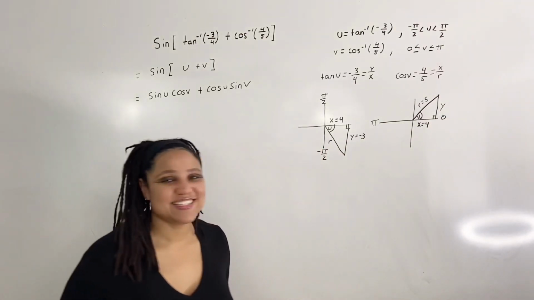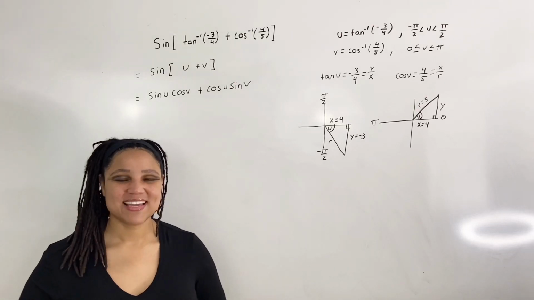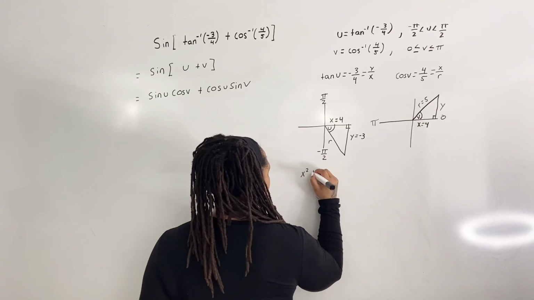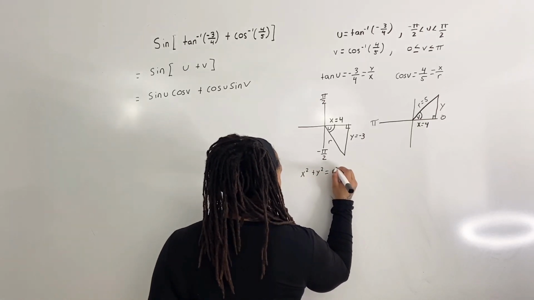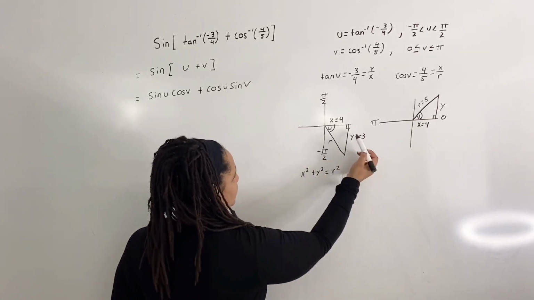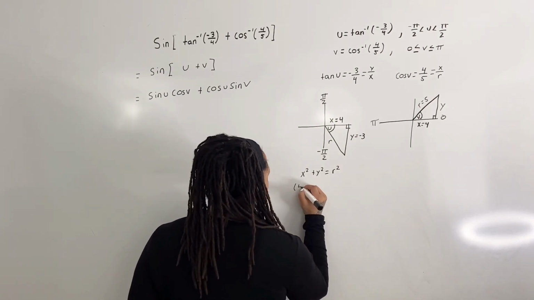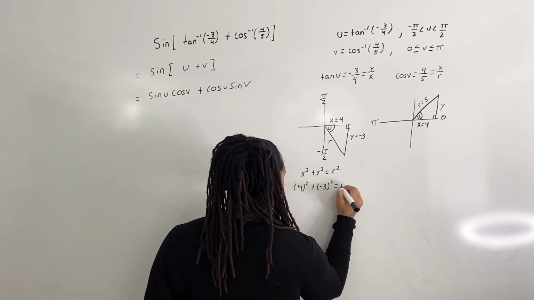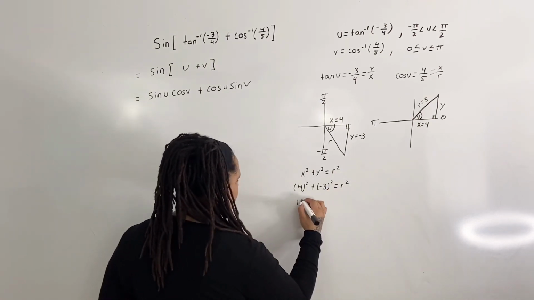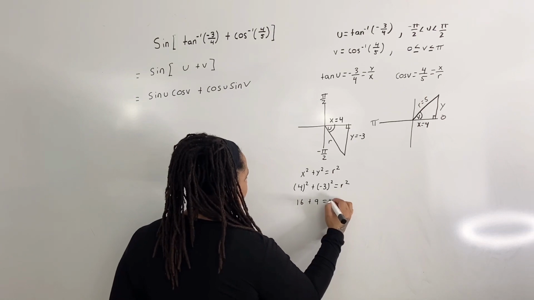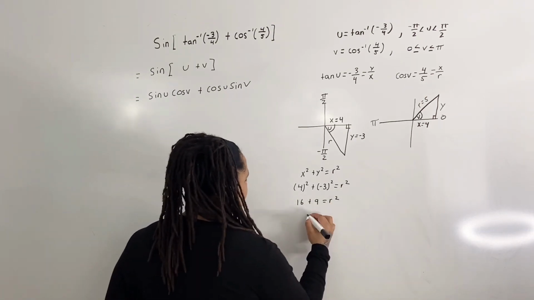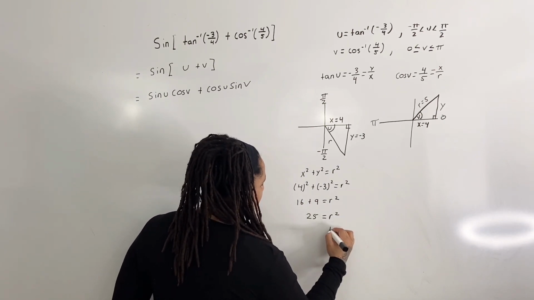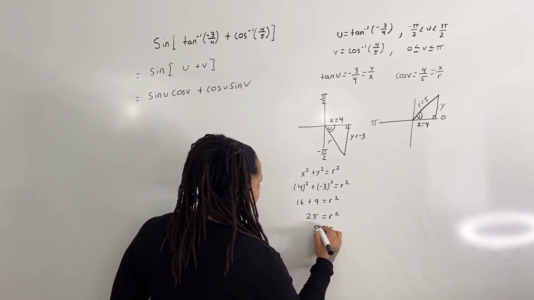And we're going to do this using the Pythagorean theorem. So we know that x squared plus y squared is equal to r squared, and I'm just going to fill in the values here. So this will be 4 squared plus -3 squared is equal to r squared. So that gives us 16 plus 9 is equal to r squared, which means we have 25 is equal to r squared. So r is equal to 5.